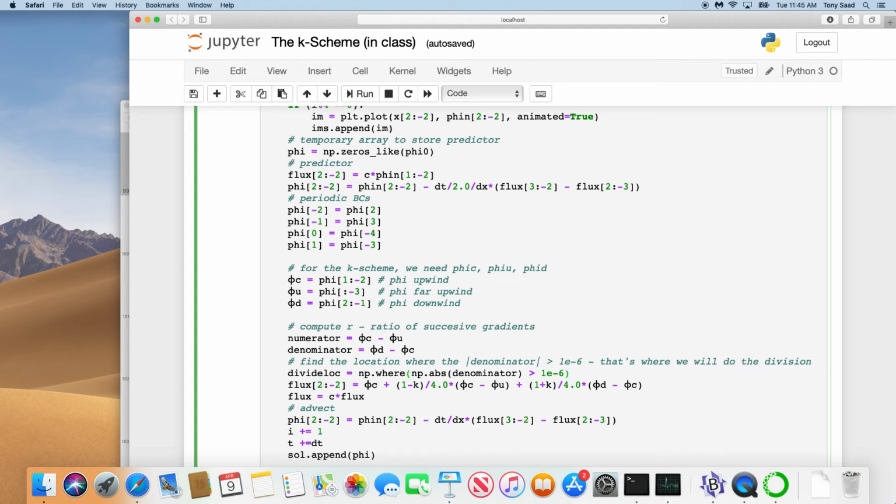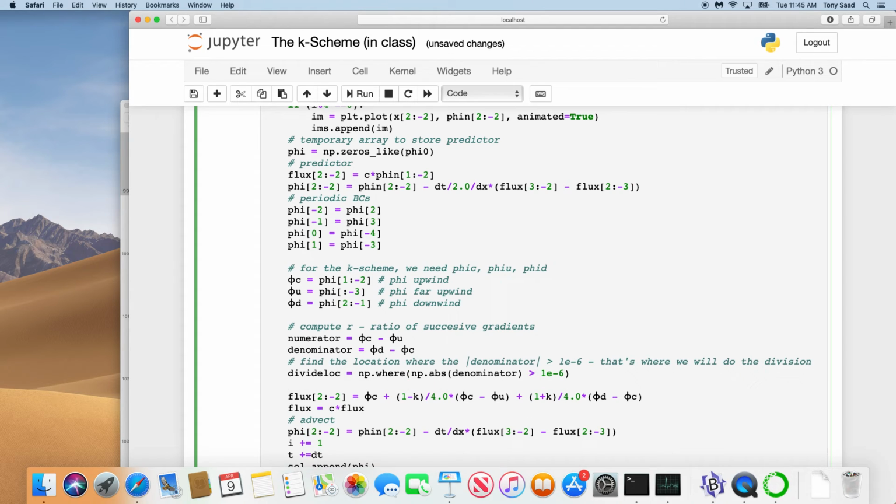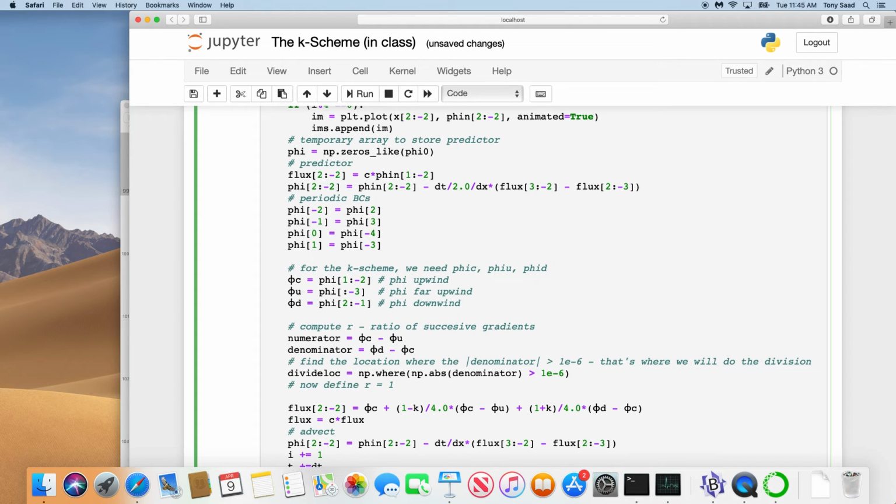And then we define R. Set it equal to 1. R is np.ones, and R should technically be the same size as the flux.